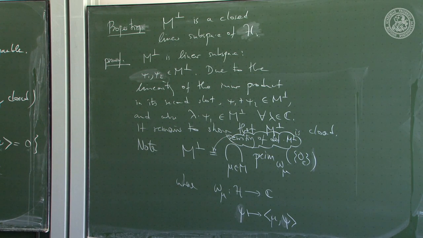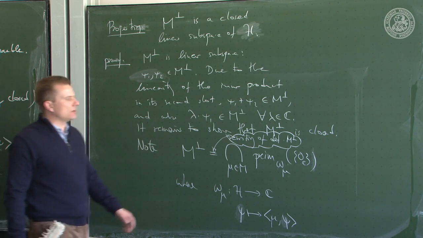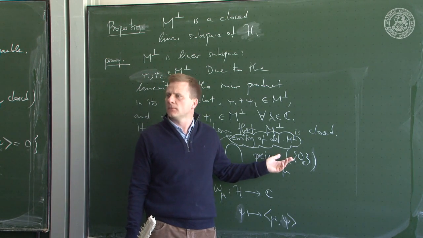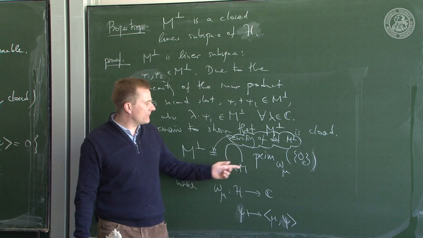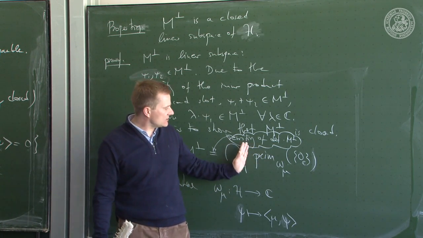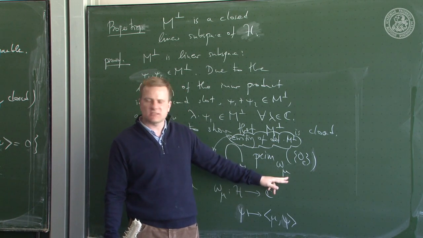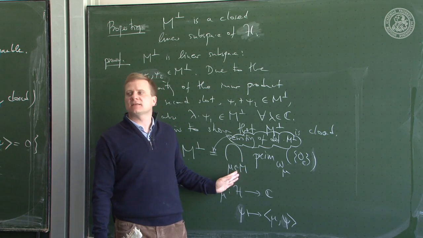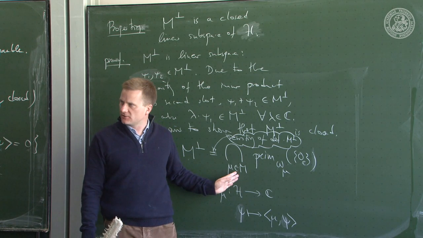Now, whenever you deal with topology and you deal with unions and intersections, you know that an arbitrary union of open sets is open, but only a finite intersection of open sets is open. However, we want to show that this is closed, and if we could show that each individual pre-image for a fixed mu was a closed set, then we know arbitrary intersections of closed sets are again closed.